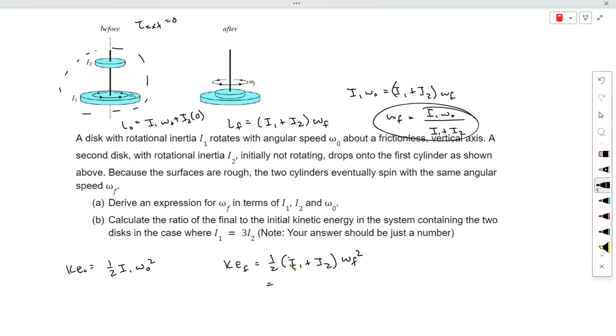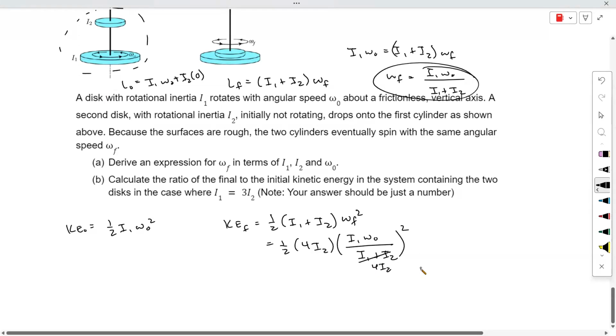But now they're telling you I1 is 3I2, so this is 1/2. Replace I1 with 3I2, so this is 4I2 times omega f squared, but we actually found what omega f was, right? It's I1 omega naught over I1 plus I2, which again, I1 plus I2 is 4I2.